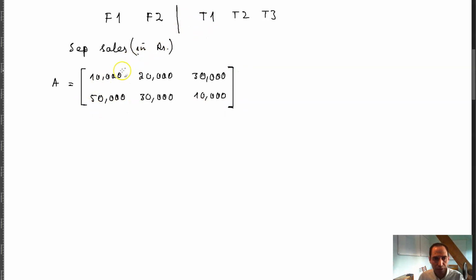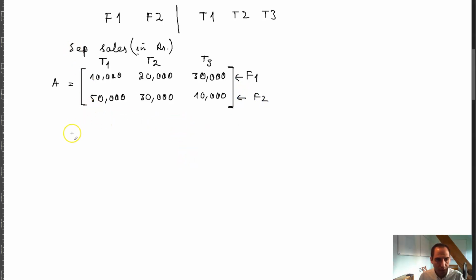And so this is type 1 of rice, whatever that is, doesn't really matter. This is one type of rice, this is type 2, and this is type 3. And so this is all related to farmer 1, F1, and this is related to F2.